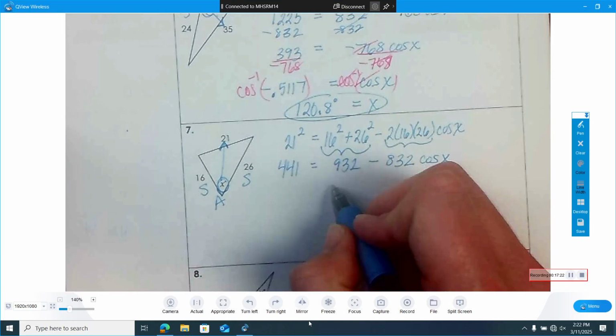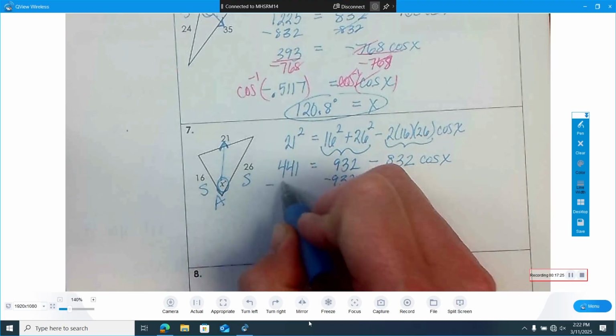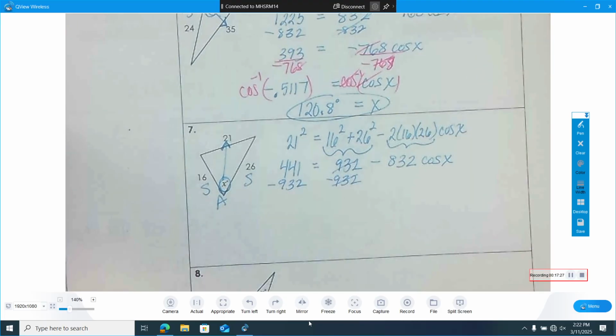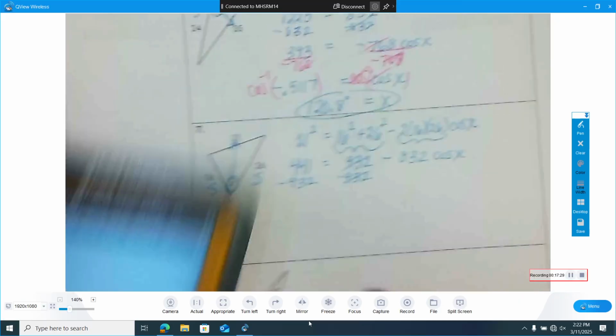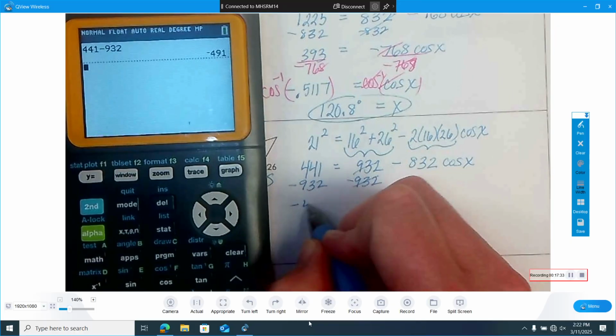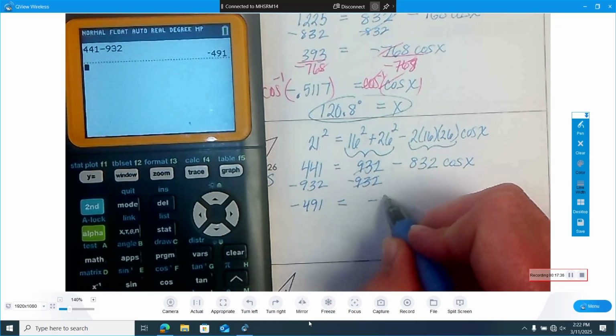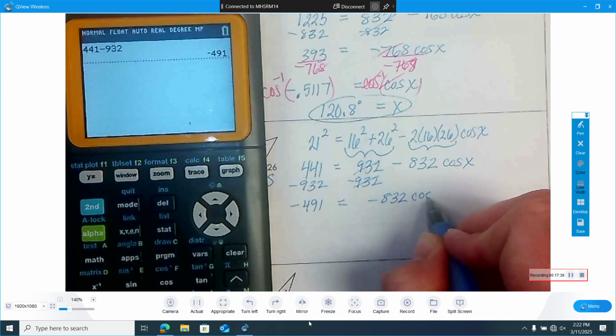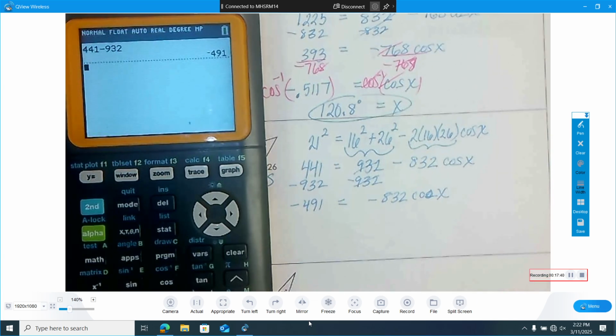Then we can go ahead and subtract. Move that 932. Subtract 932. 441 minus 932 is negative 491 equals negative 832 cosine of x.